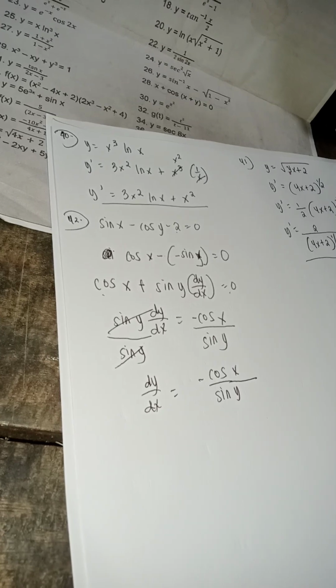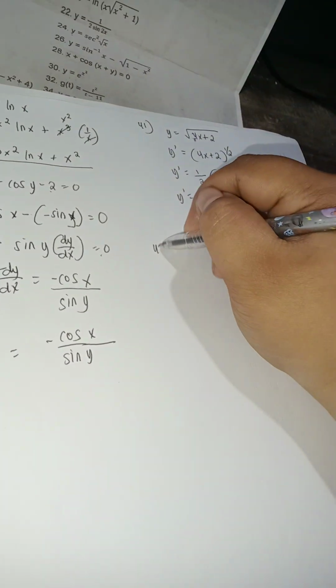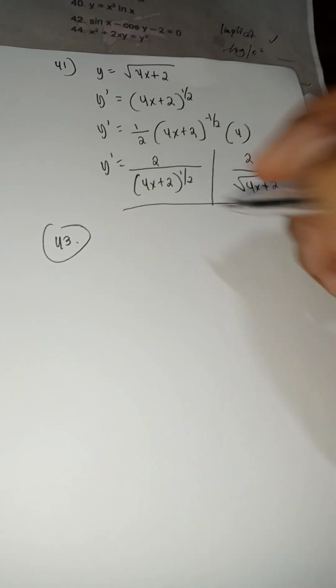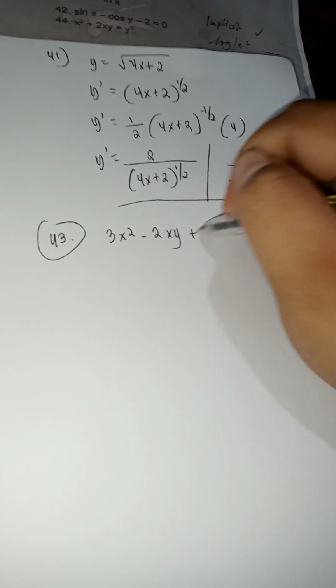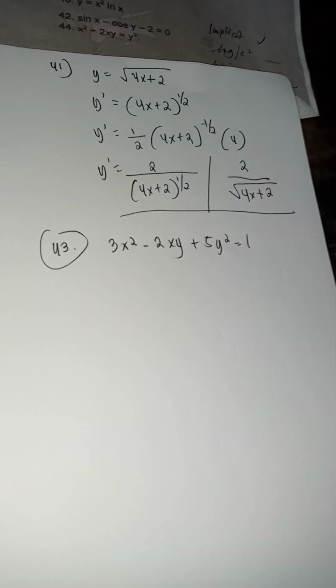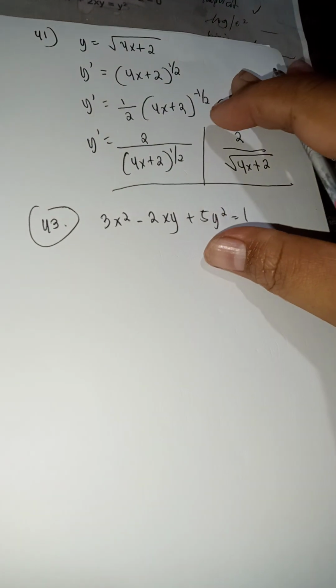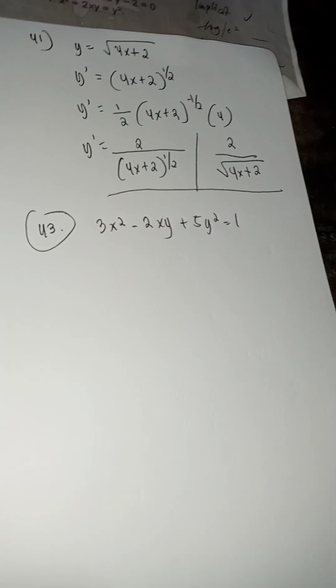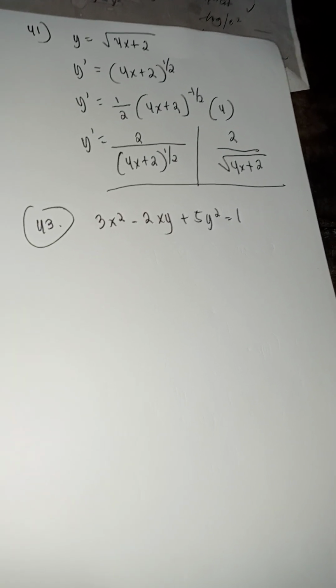Okay, so for number 43, we have here 3x squared plus 2xy plus 5y squared is equal to 1. Okay, so we are going to solve it implicitly.